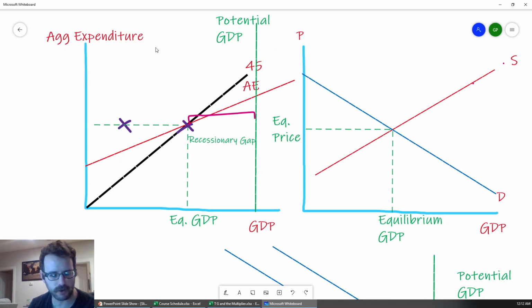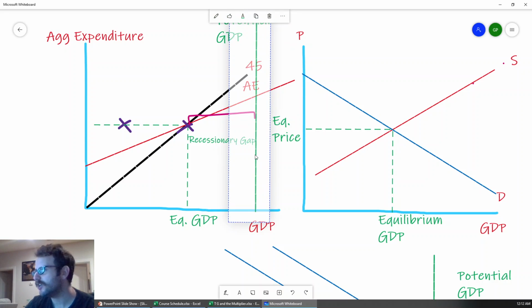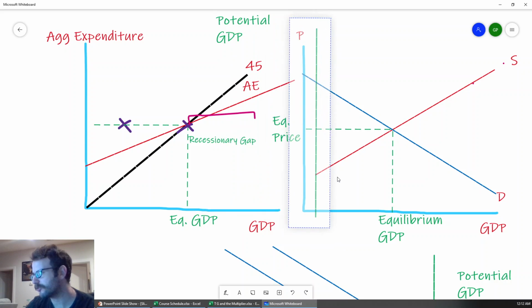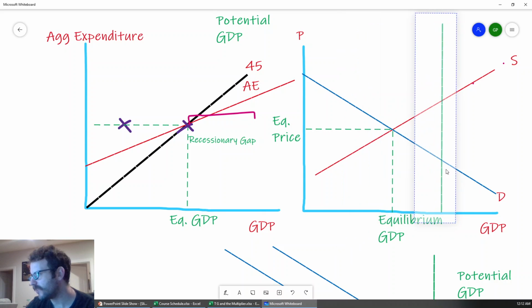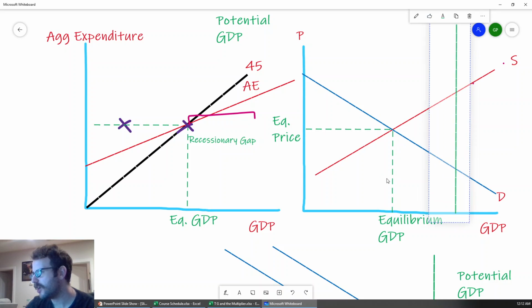So how does this work with the aggregate demand, aggregate supply model? Okay, so if we took that price level as equilibrium price here, let's say this is a horizontal line leading from this dotted line over to this dotted line. If our potential GDP is here, and this is our equilibrium GDP, this equilibrium GDP corresponds to this price level, right?